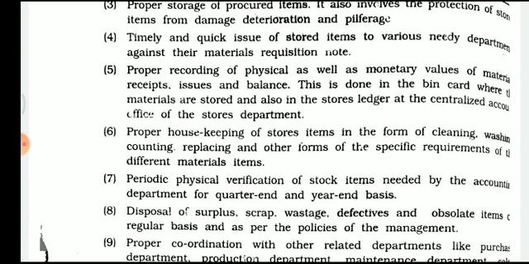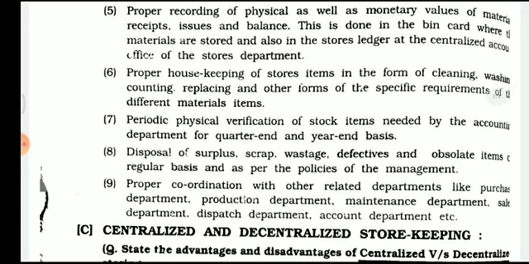Proper housekeeping of all stores items in the form of cleaning, washing, counting, replacing and other forms of the specific requirements of the different material items. Periodic physical verification of stock items needed by the accounting department on a quarter-end and year-end basis.